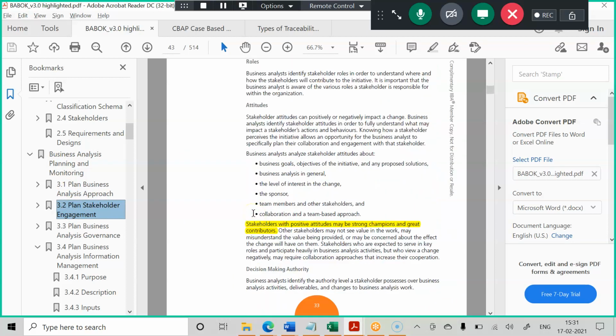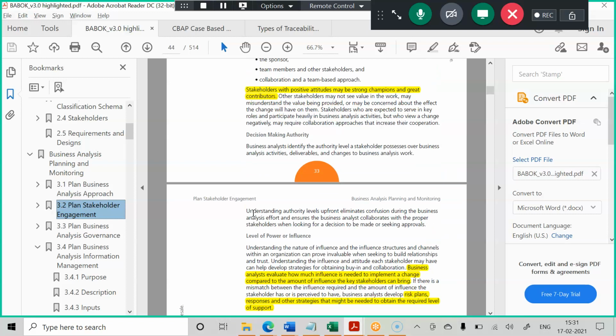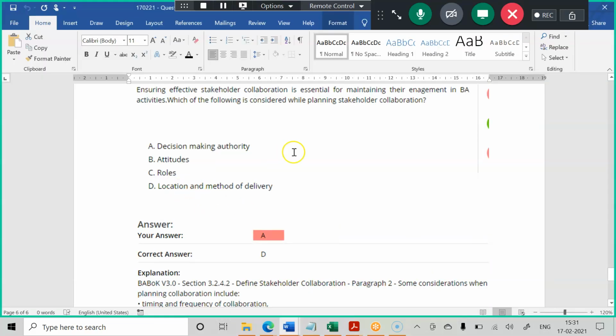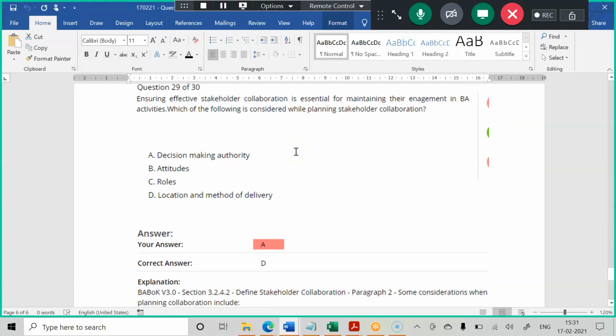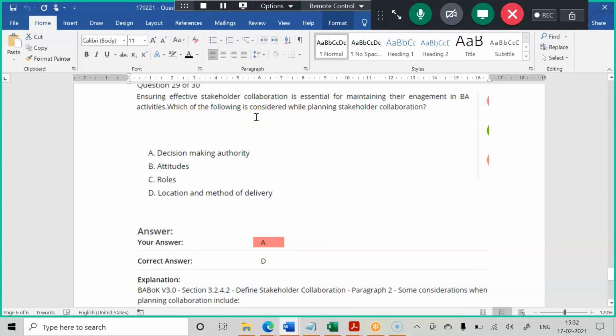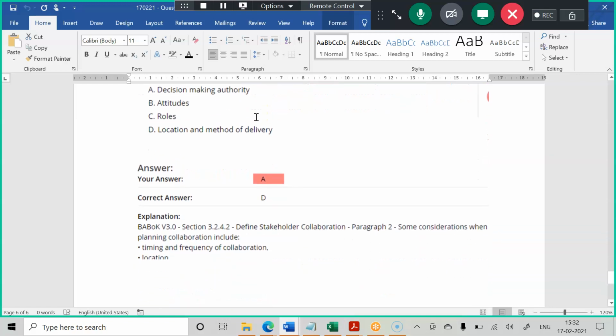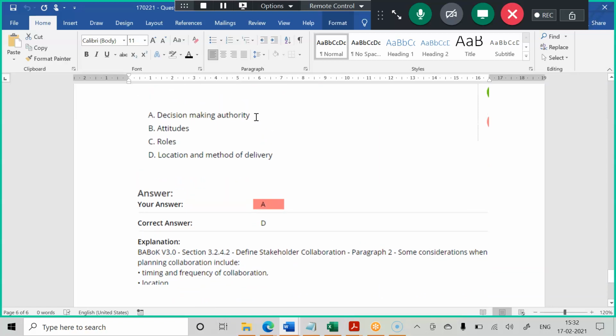Roles, attitudes, decision making authority. Which of the following is essential for maintaining the engagement? Why is it location? I think it should have been which of the following is not considered. I think it's a negative question.